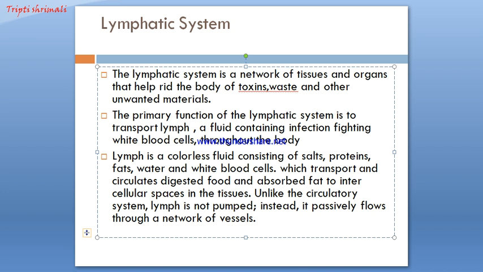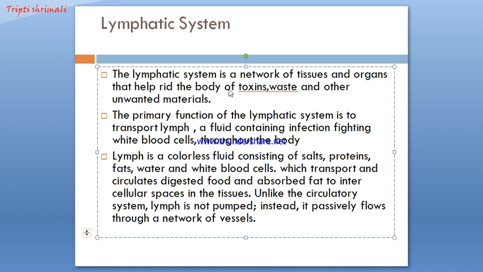So, the lymphatic system is a network of tissues and organs that help rid the body of toxins, waste and other unwanted materials. Right? So, the lymphatic system is composed of tissues and organs. There are lymph tissues involved, there are organs involved.